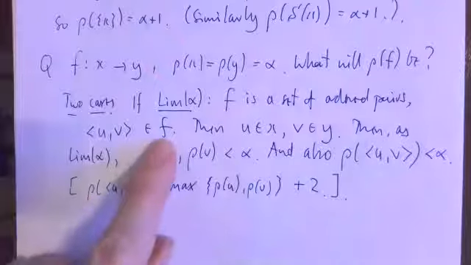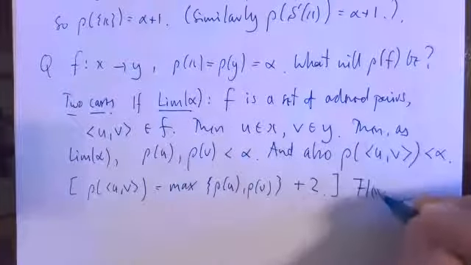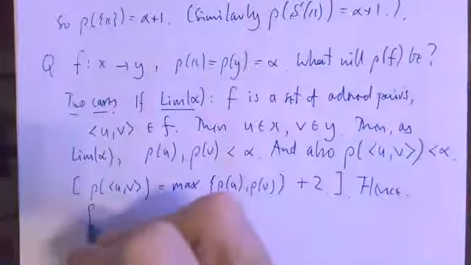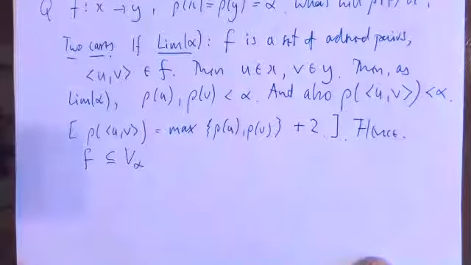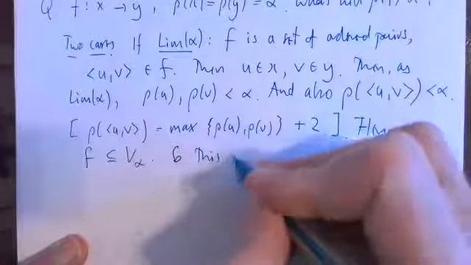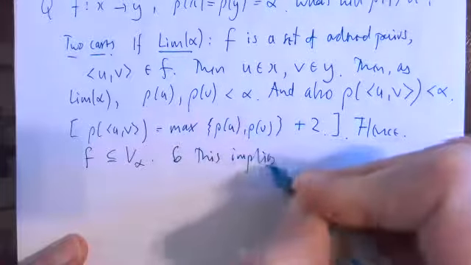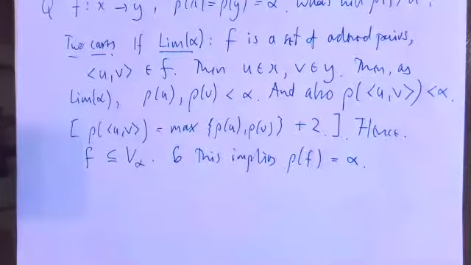So that is saying that F is also going to be a subset of V alpha. So this implies the rank of F is, again, going to be alpha.